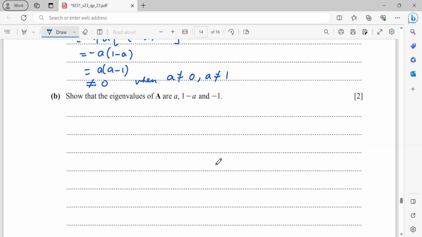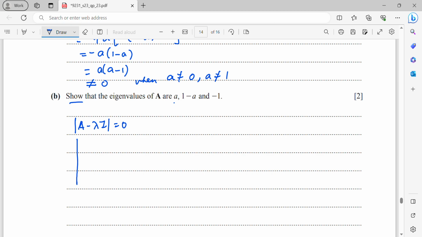Now, B, find the eigenvalues of A. Show that the eigenvalues of A are a, 1 minus a, and minus 1. So now we need to start with determinant of A minus lambda I equals 0.